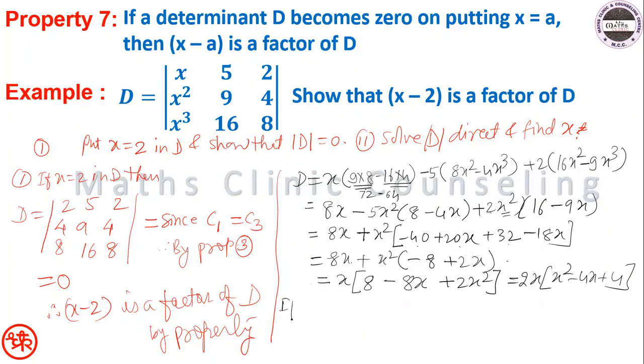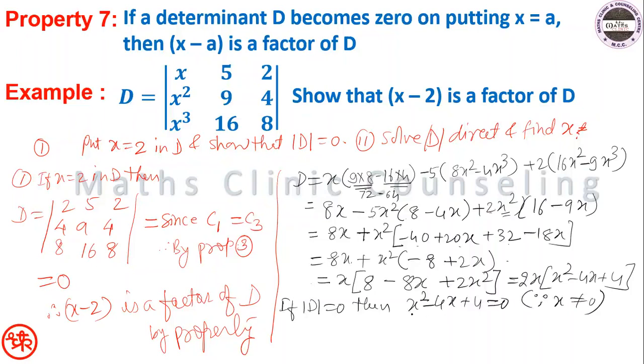And now if the determinant of D is equal to 0, then you will get x squared minus 4x plus 4 equal to 0, since x cannot be 0.